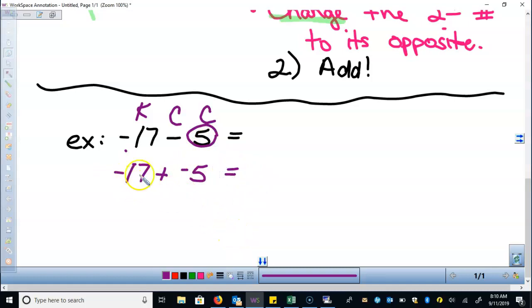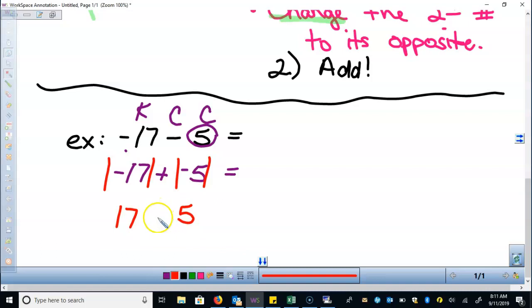Now we add. All right, these are our integers that we've been adding. Same or different? Same. So we need to add their absolute values. The absolute value of negative 17 is positive 17. And the absolute value of negative 5 is 5, or positive 5.